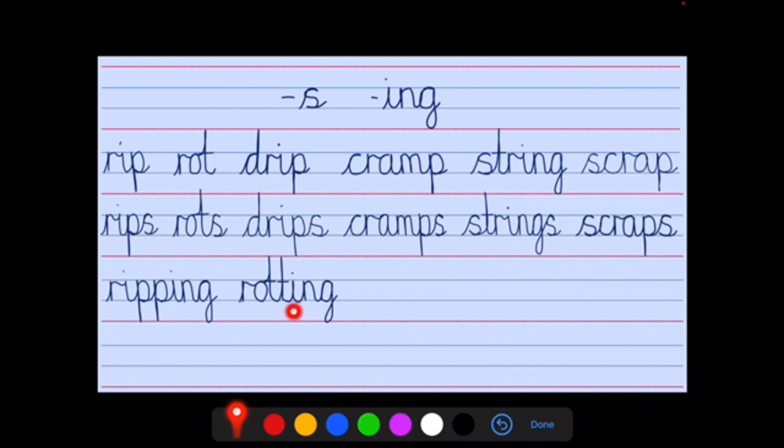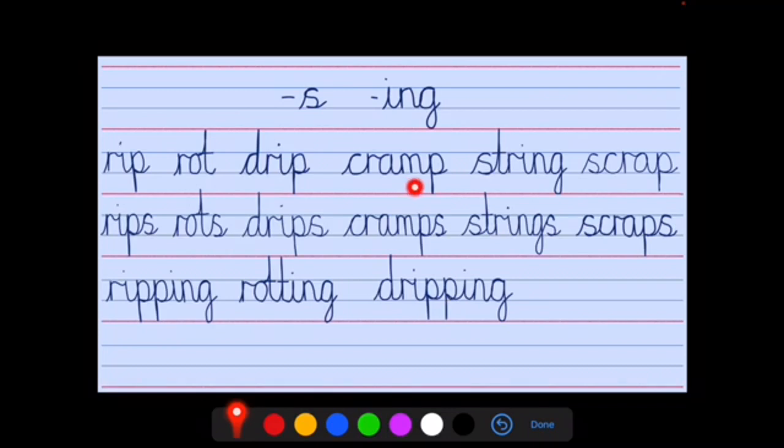Rotting, because I was adding a suffix that began with a vowel. And because rot has a short vowel sound. And so does drip. Dripping. Different consonant, but it still needed to be doubled.